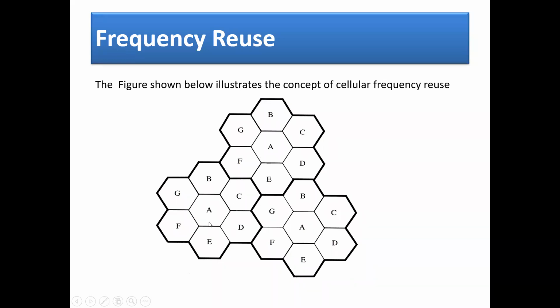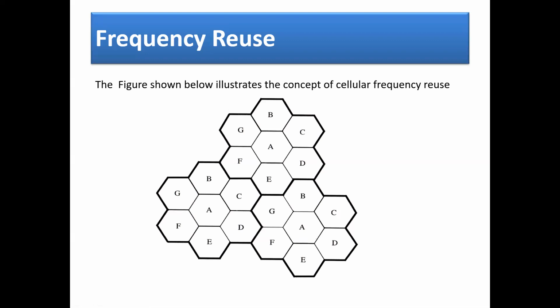we can repeat the same cell. Of course, this cell will use the same frequency groups again. For this cell A, in this figure we have used 3 cells of the same channel set, and there is no interference.